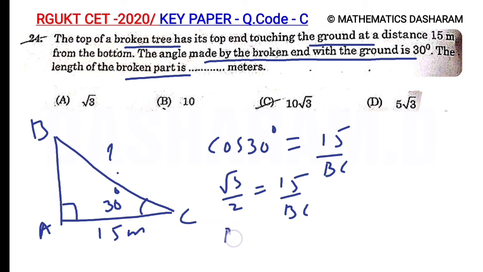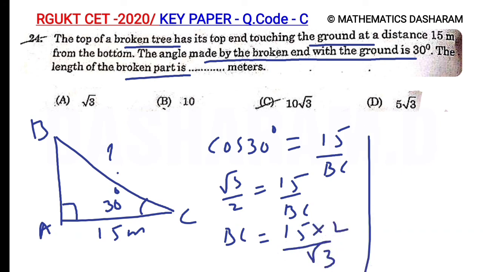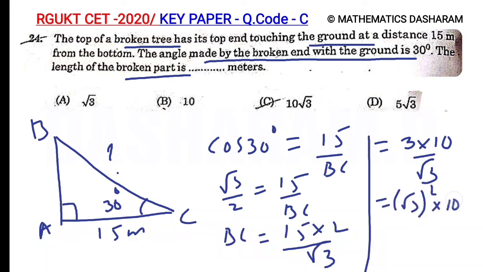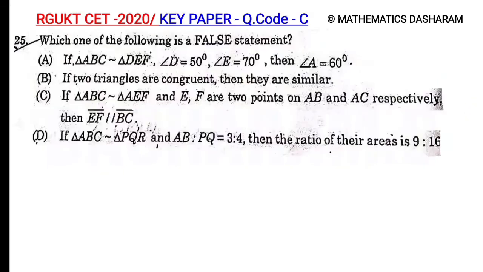So BC becomes 15 into 2 divided by root 3, which equals 30 divided by root 3. 30 can be written as 3 into 10 divided by root 3, and 3 I am writing as root 3 whole square, into 10 by root 3. Root 3 square cancels, so the answer is 10 root 3, option C is correct.